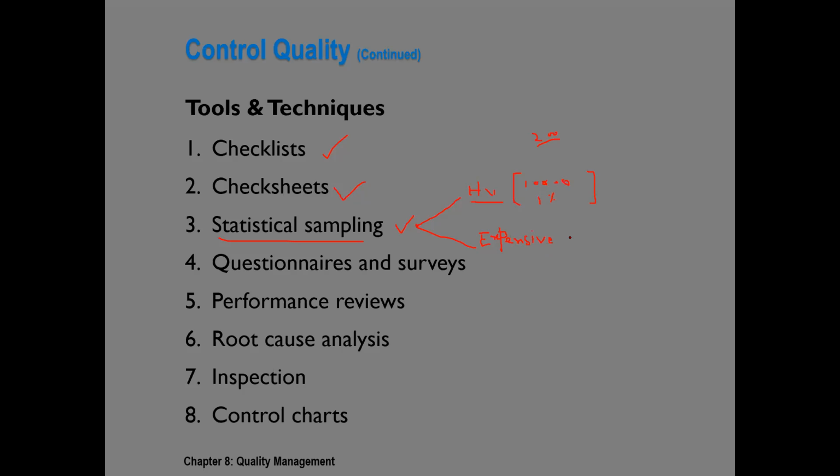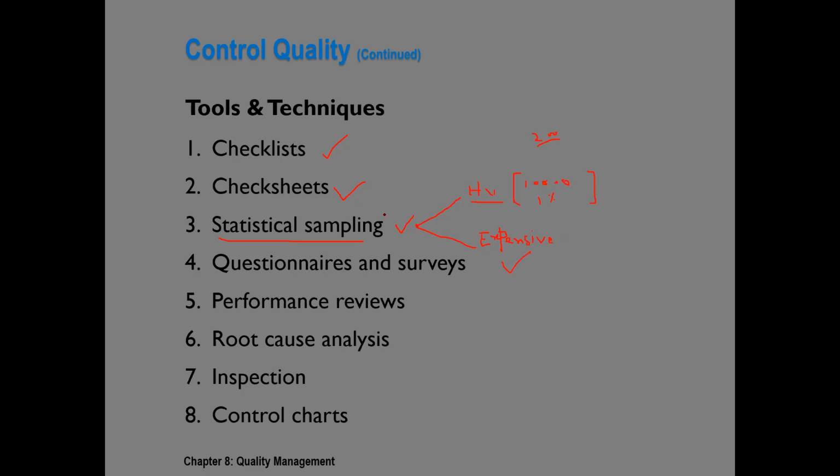Not only expensive, it is explosive as well. So in that case, we also do statistical sampling. We really cannot test all the trucks and bump them into a concrete wall. So in that case, we also do statistical sampling.